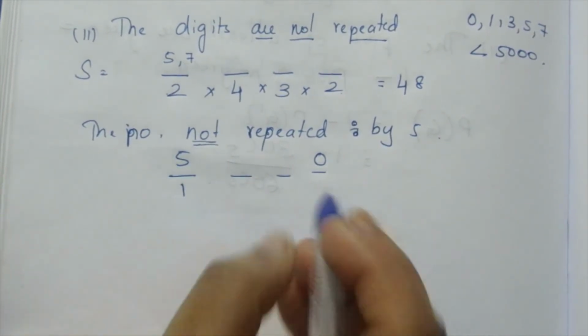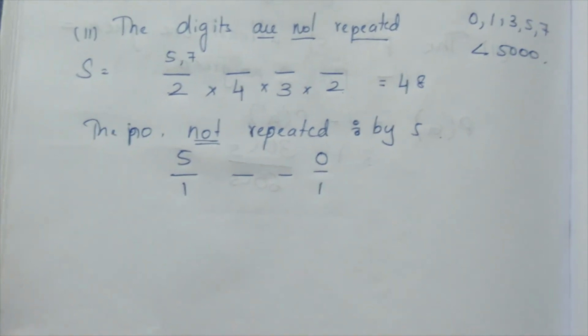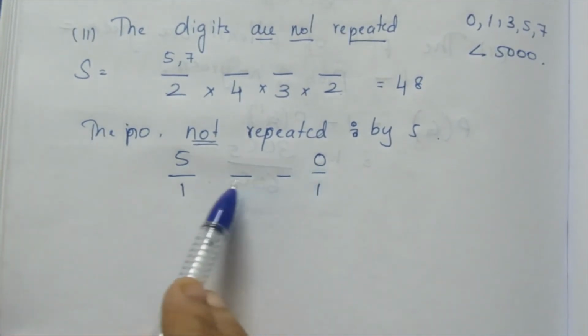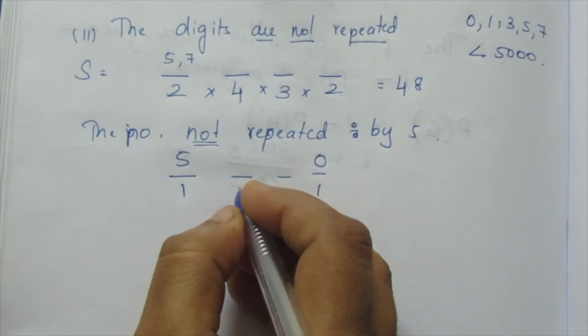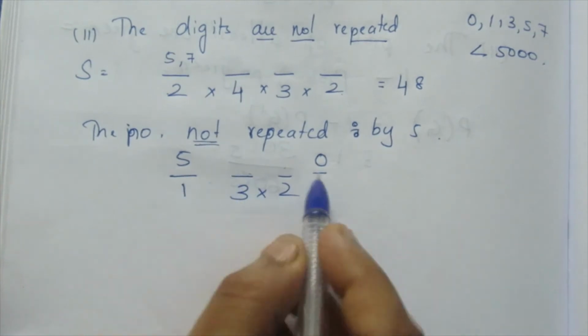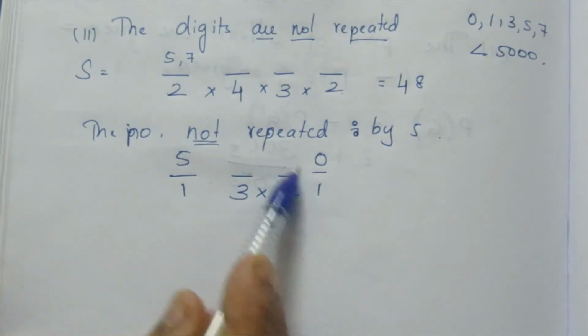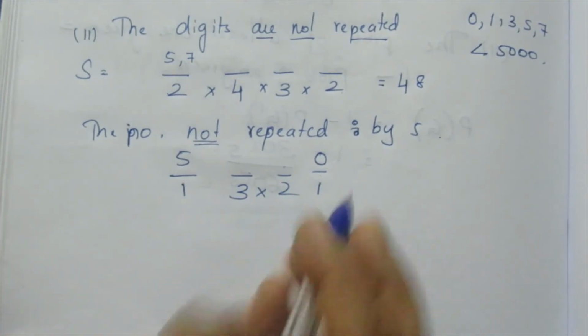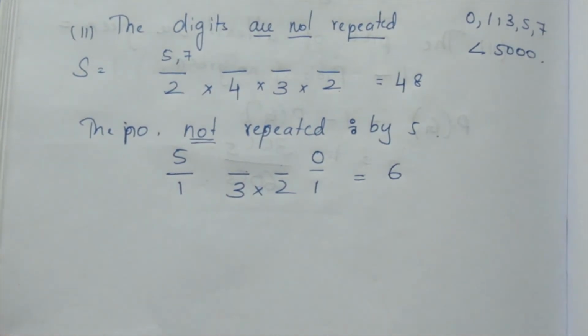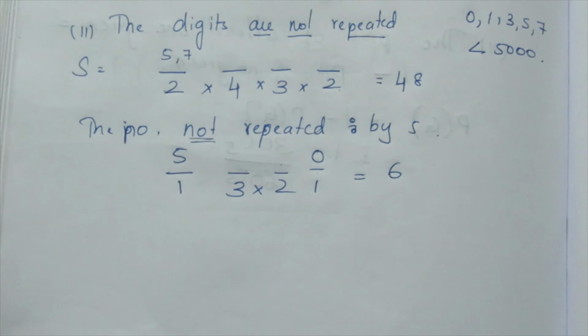Only 5 can be filled here, only 0 can be filled, so it is only one way. Leaving the 2 numbers already filled, we have 3 numbers balance to be filled here and 2 numbers to be filled here, because we have filled 3 numbers. Now if we multiply, 3 2s are 6. Okay, if it is 5, there is only 0 to be filled, no other way.